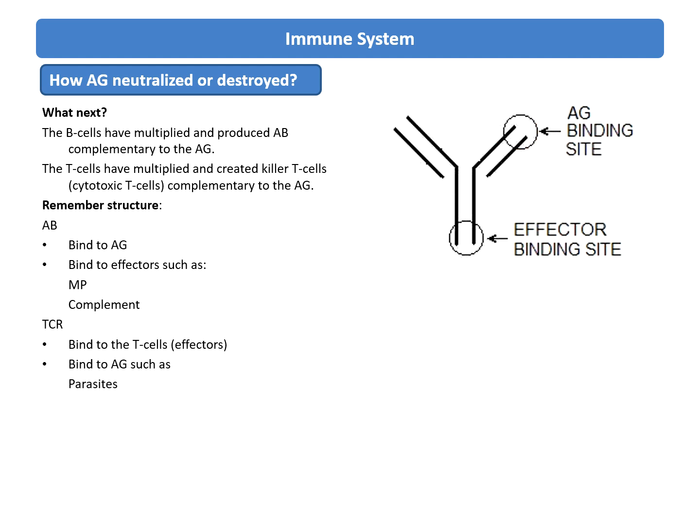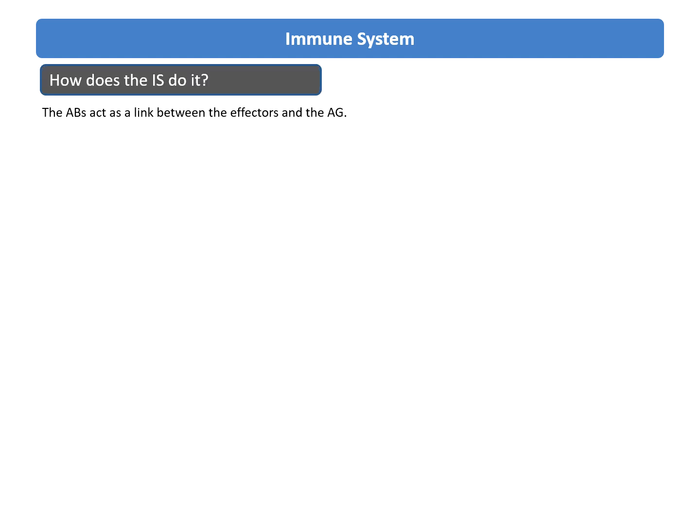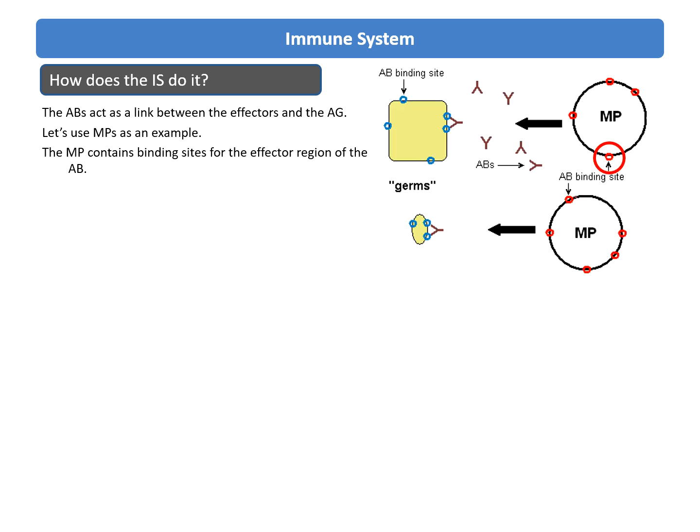The antigens may include parasites, cancer cells, transplanted tissue. The antibodies act as a link between the effectors and the antigens. Let's use macrophages as an example, but many other cells of the immune system would also do this. The macrophage contains binding sites for the effector region of the antibody.